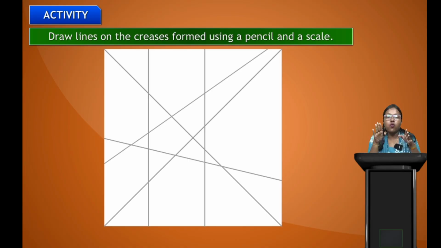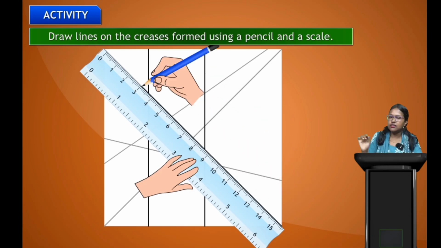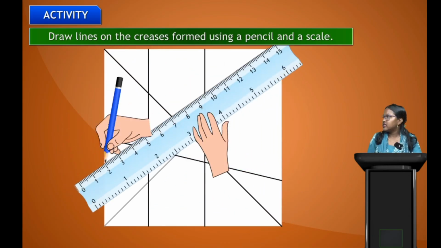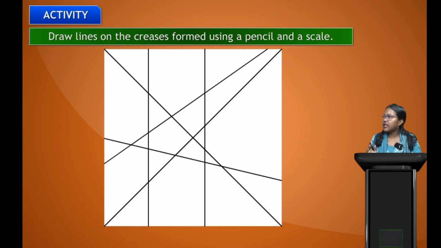When you fold and unfold it, you draw the lines formed by the creases with your scale and pencil. If we draw all the crease lines, we get so many lines lying in the same paper.